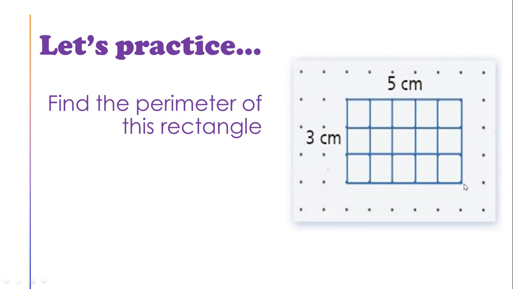Let's practice. Let's find the perimeter of this rectangle. Now, this is tricky because they're only giving us 2 measurements, the length and the width. But if I need to add all the sides and I don't have the other ones, all I need to know is that this measurement right here on top is the same as the one on the bottom.